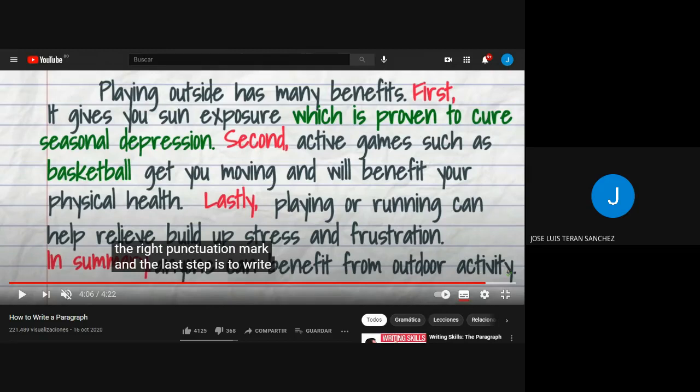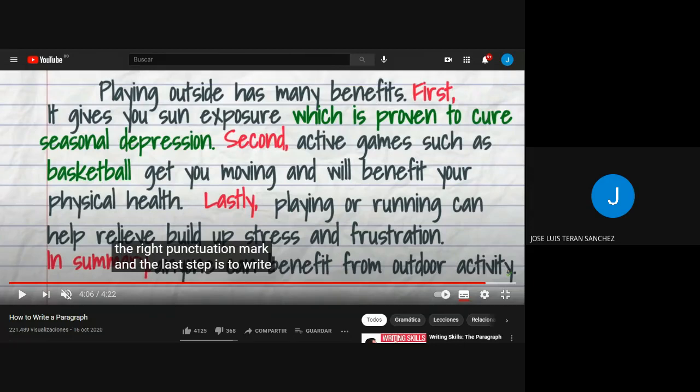So now please take 3 more minutes to complete your mind maps and send the pictures of them to Telegram, just in order to see that you are working on the video, especially. And keep this video in a very safe place because it's very didactic, as you could see, especially on how to write a paragraph.